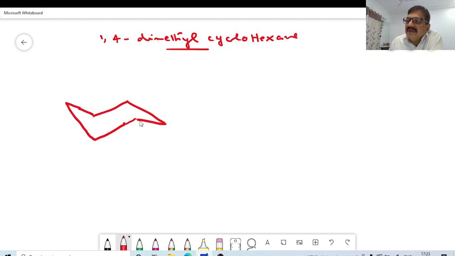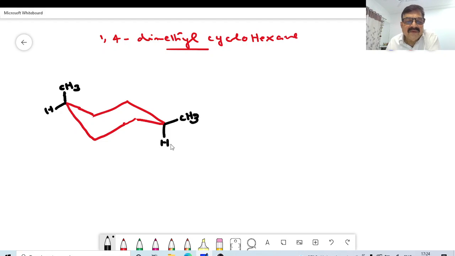In the cis form, one methyl group should be axial and one methyl group should be equatorial. That is the cis conformation. Now we will draw CH3 and H. It is 1,4, CH3 and H. So we have drawn this CH3 group.